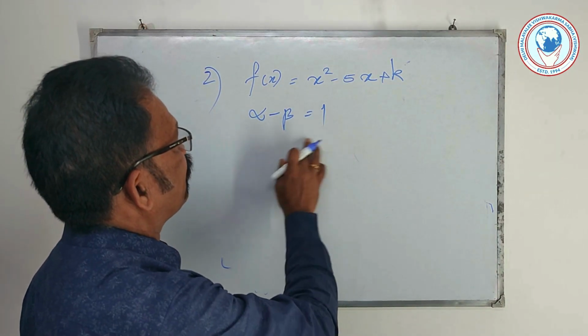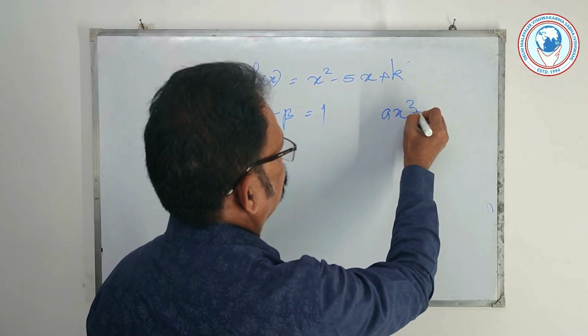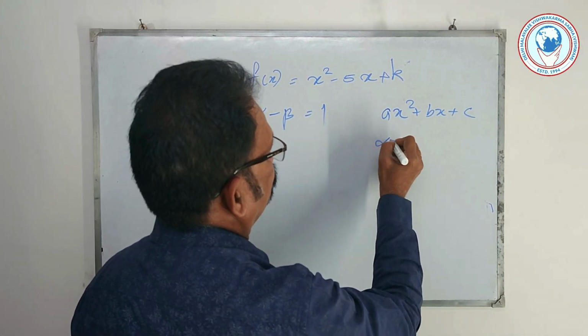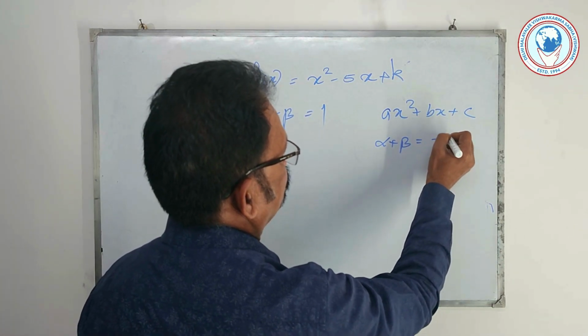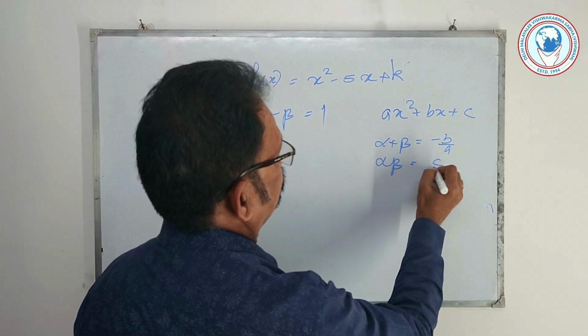If the polynomial is ax square plus bx plus c equal to 0, then alpha plus beta is equal to minus b by a, and alpha into beta is equal to c by a.